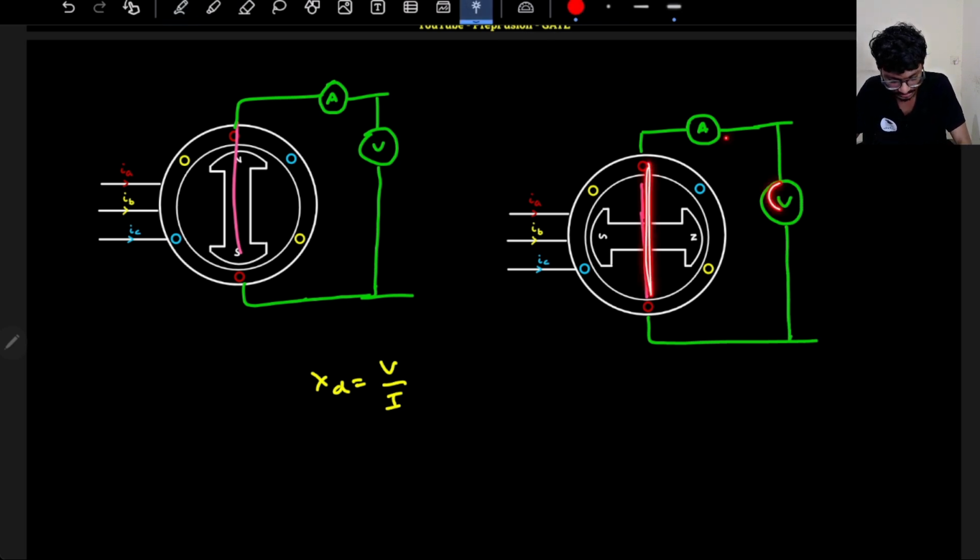Voltage to current. So this, right, this is what? Higher reluctance. So now I will measure the XQ, V by I.